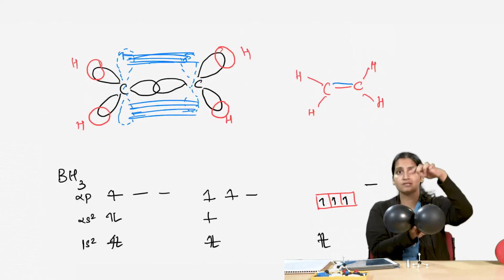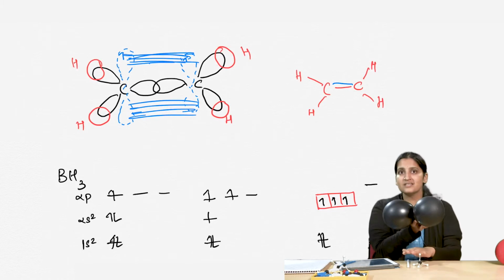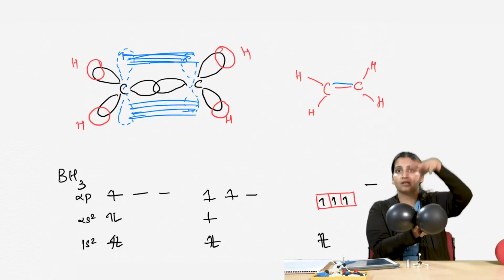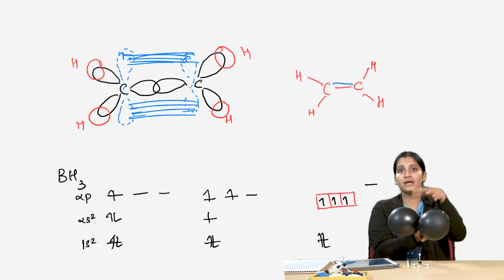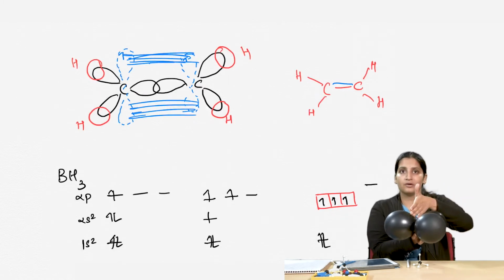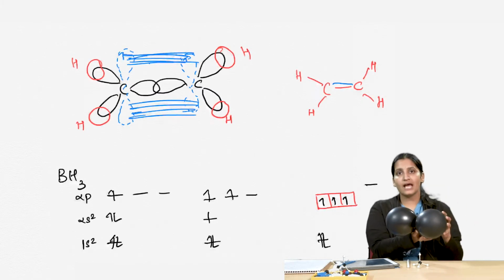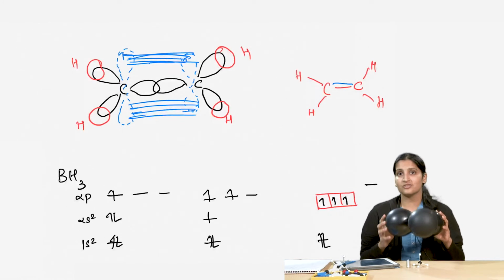But what also exists is this empty p orbital that is kind of empty here above and below the plane. So, that is the reason BH3 is more reactive, because there is an empty p orbital which can be filled. So, boron can really accept a pair of electrons and can fill this empty p orbital and react in a fashion. So, BH3 has a particular structure or it is a structure of a Lewis acid.